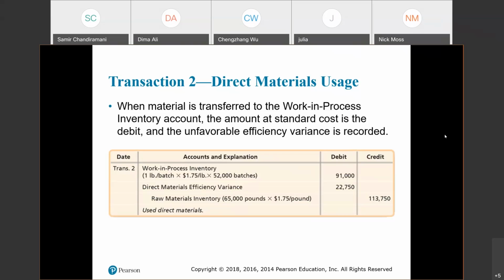This maintains WIP inventory at standard cost. Raw material inventory is credited for the actual quantity of materials put into production at the standard cost.